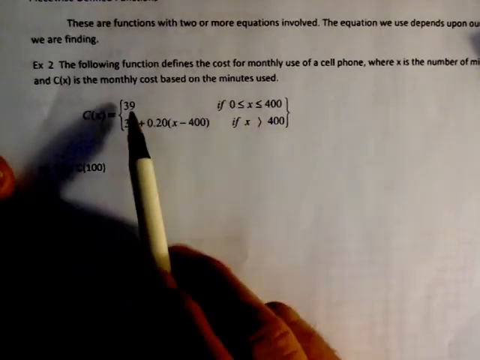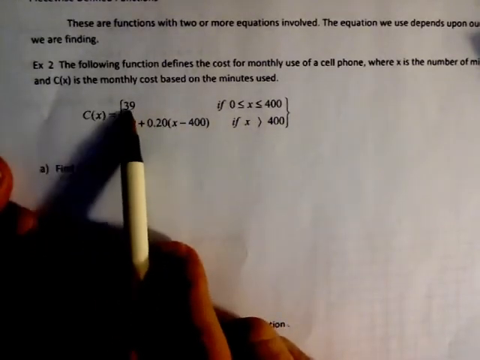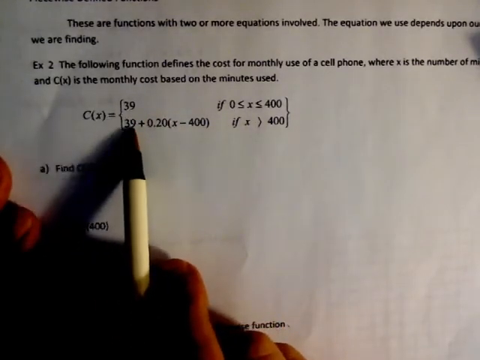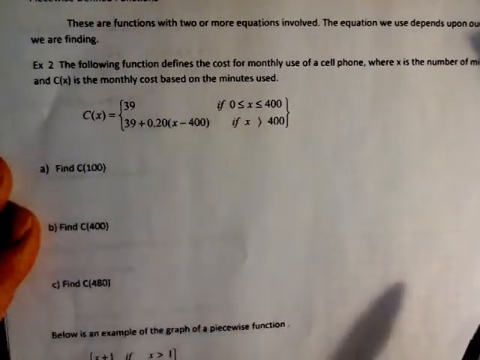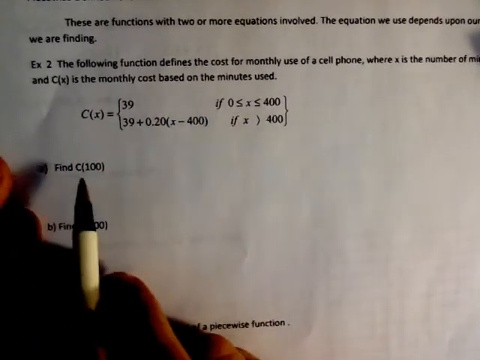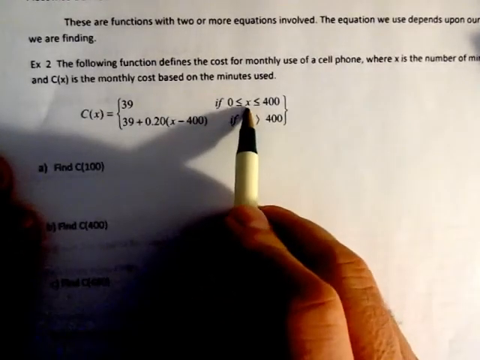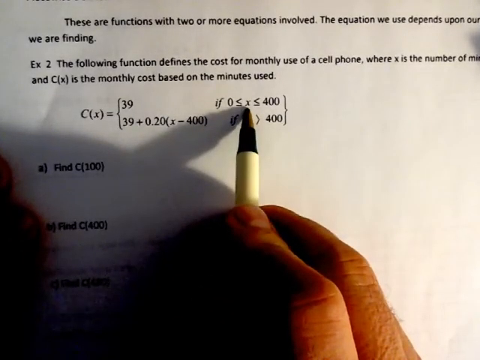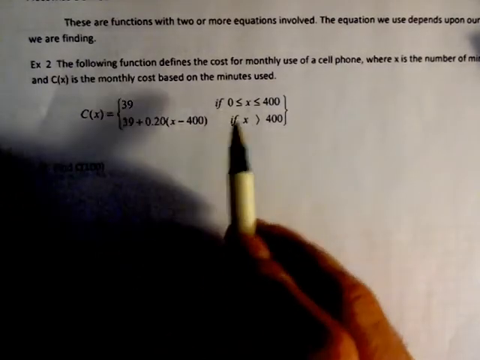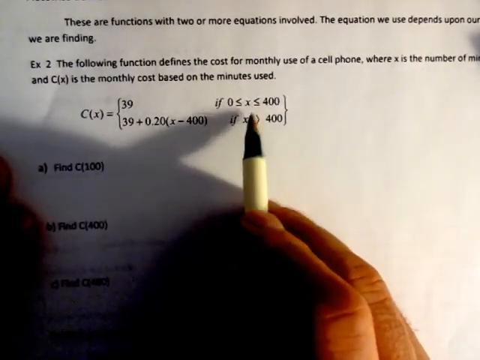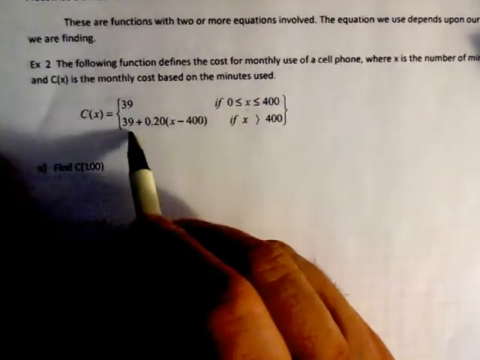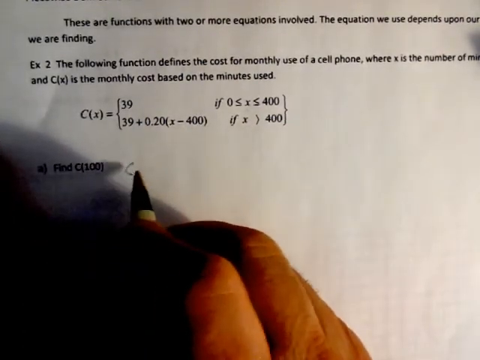So, to get an understanding of the piecewise function before we graph them, we want to first say, okay, I have a choice here. I'm either going to use this top equation or this bottom equation based on my value for x. For part A, my cost of 100 minutes, well, 100 falls between 0 and 400. So this is your x. You look here to see where your x falls, then you choose which equation on the left to use.